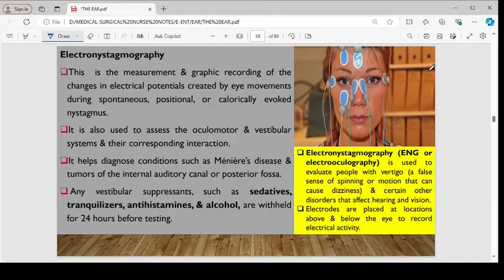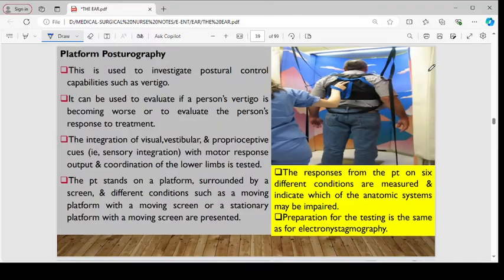Any vestibular suppressants such as sedatives, tranquilizers, antihistamines, and alcohol should be withheld for 24 hours before this test. This test is used to evaluate people with vertigo, that is a false sense of spinning or motion that can cause dizziness, and certain other disorders like Meniere's disease that we have mentioned. So electrodes will be placed at locations above and below the eye just to record electrical activity.